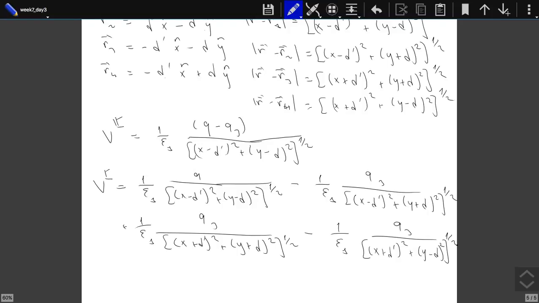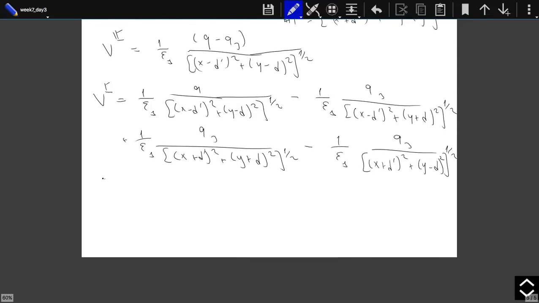Now we need to take their derivatives. So we need epsilon 1 del V1 over del, what's the normal direction on the horizontal plane? That's the y direction.